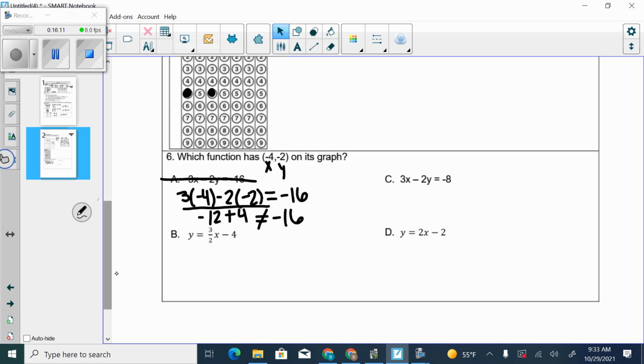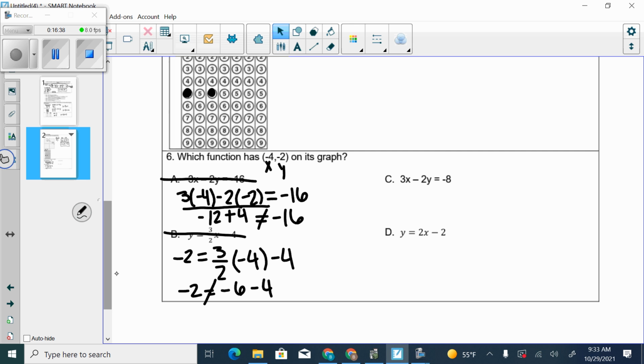So on answer choice B, I would have -2 is equal to 3 halves times -4 minus 4. So I'd have -2 is equal to 3 halves times -4, which is -6. And -6 minus 4 is not equal to -2, so it can't be that one.